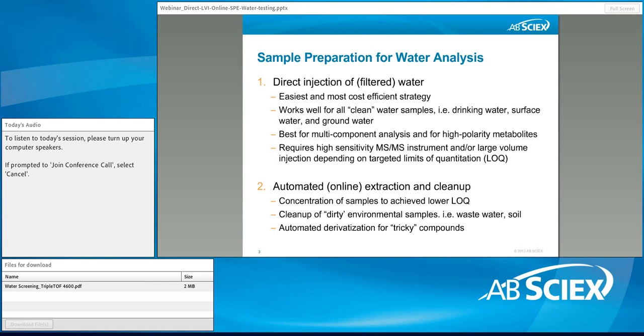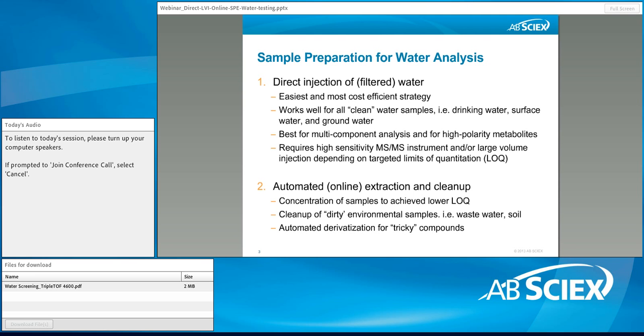This is definitely the best technique if you have to cover the widest range of compounds possible, especially if you have to include high polarity degradation products or metabolites of environmental contaminants, since these compounds are very difficult to extract from water samples.